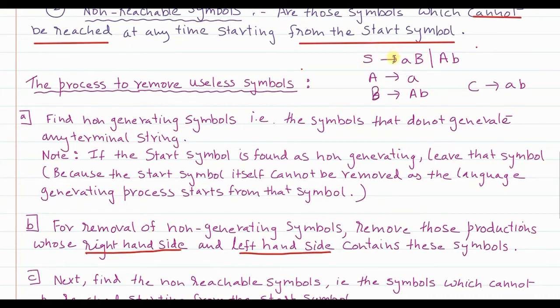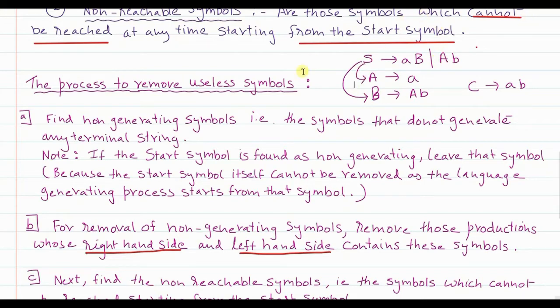So that means from start symbol S I can reach capital B. S can substitute itself with small a B, and then from B you can reach B. You see the second term, from the start symbol S I am able to reach A production because A is on the right hand side. So from this start symbol I can also reach A production.